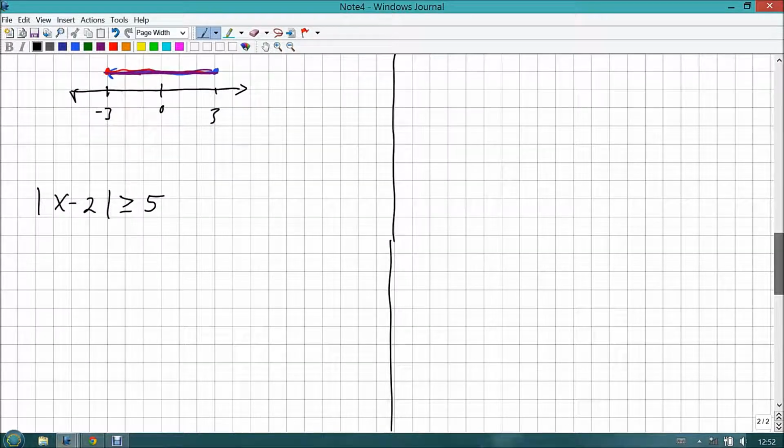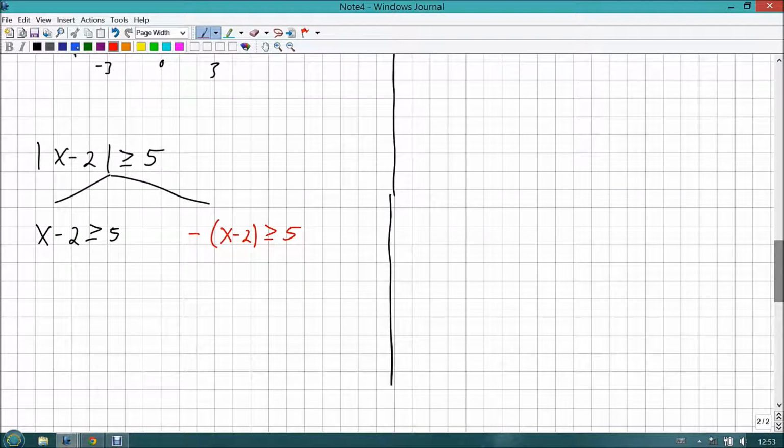All right, doing some fancy arithmetic, we would, of course, change this into 2 equations. The first one would be x minus 2 has to be greater than or equal to 5. But the other one is the negative version. So I would have negative x minus 2 is greater than or equal to 5.